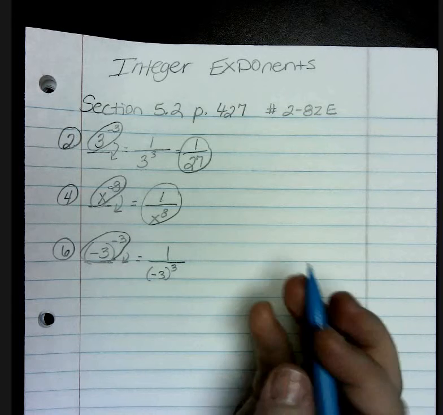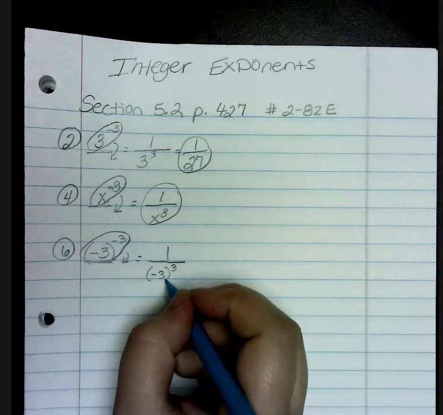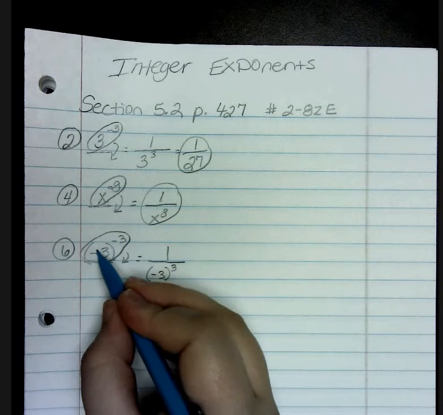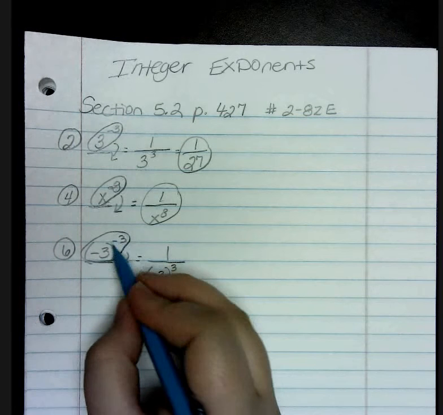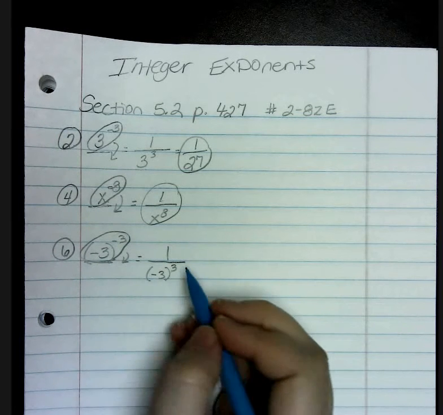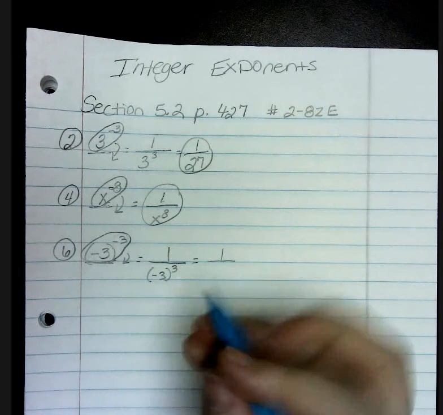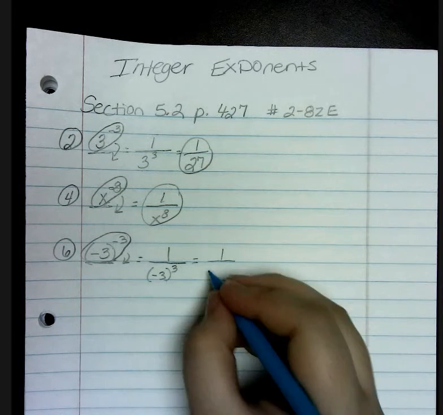Now by moving this negative exponent to the bottom, that does not change the coefficient. That coefficient will stay negative. The only thing that this makes positive is the exponent. So notice we now have a positive 3 for our exponent. So that gives us 1 divided by negative 3 to the third power, which means negative 3 times negative 3 times negative 3, which is negative 27.